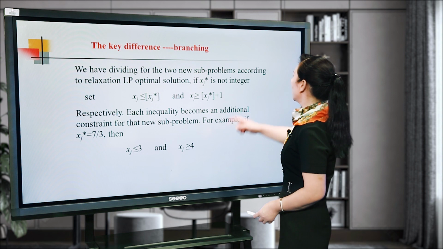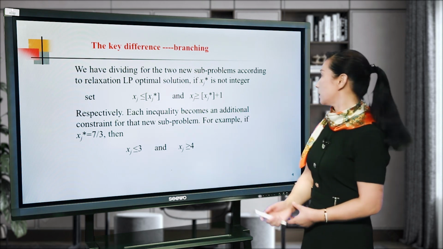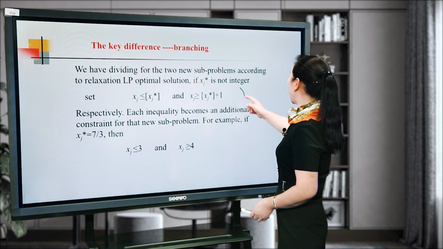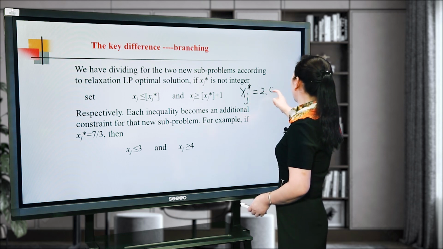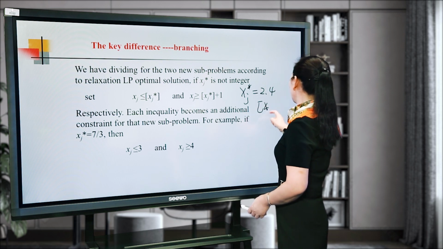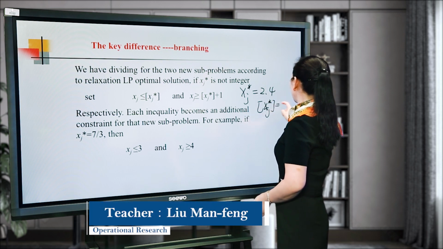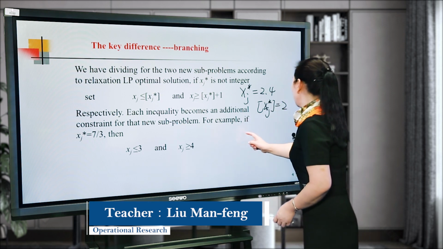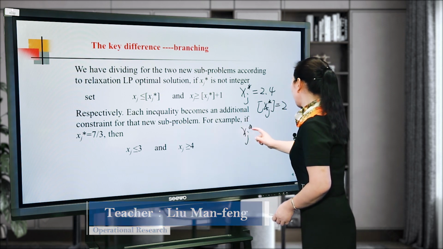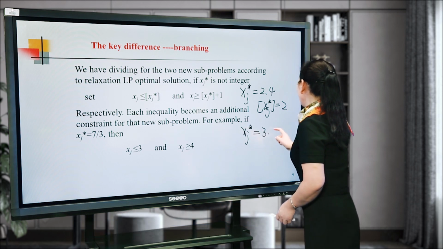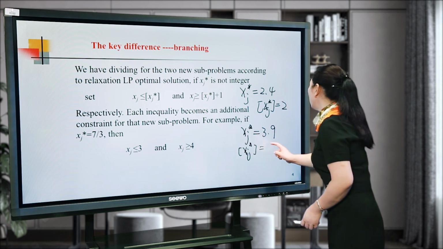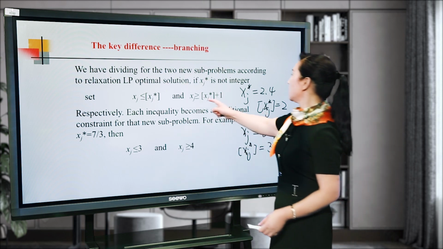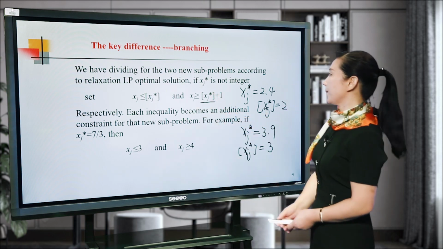Floor of xj is the integer part of xj. For example, if xj equals 2.4, then the floor of xj is 2. If xj is equal to 3.9, then the integer part is 3.